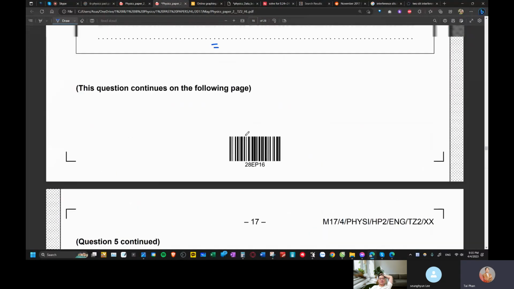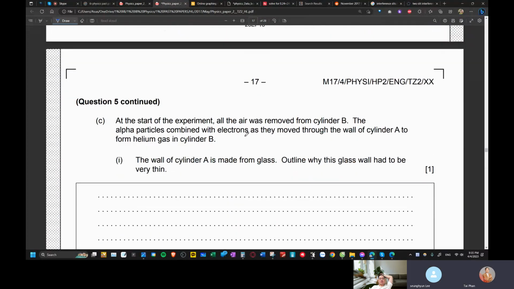At the start of the experiment, all the air was removed from cylinder B. The alpha particles combined with electrons as they moved through the wall of cylinder A to form helium gas in cylinder B. The wall of cylinder A is made from glass, and this glass has to be very thin, because the alpha particle has very low kinetic energy.